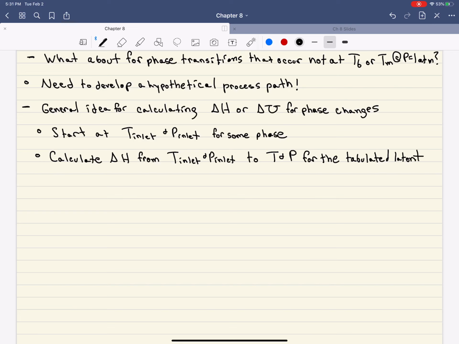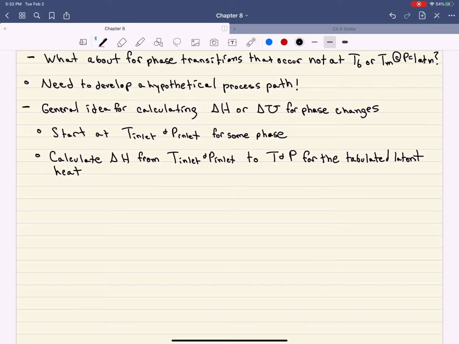So what I mean by that is if your phase transition occurs, let's say at 150 degrees and 3 atmospheres of pressure, but you start at 0 degrees Celsius and 1 atmosphere. What you would do, and table B1 lists the latent heat at a temperature of 100 degrees Celsius and 1 atm, is first integrate and calculate your delta H for heating up to that 100 degrees Celsius, right?